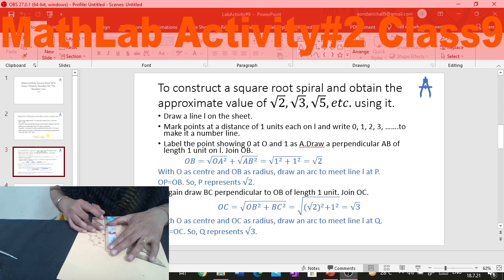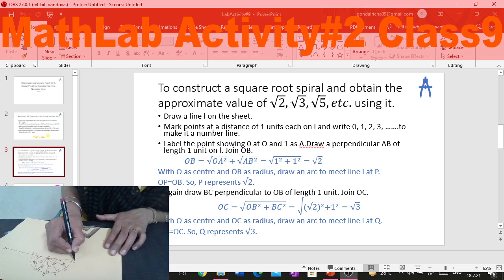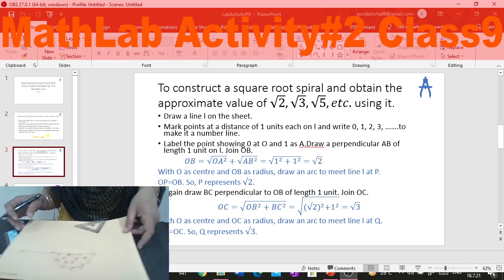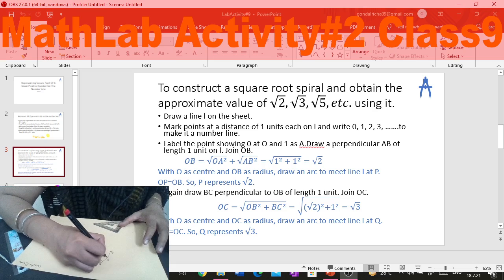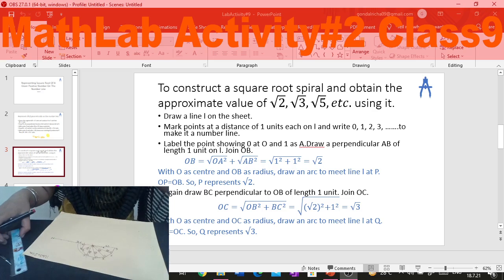Now again, I'm going to join this next point with O. Here, this point is G, right? And the length of OG will be equal to root 7. This way, you can move further.